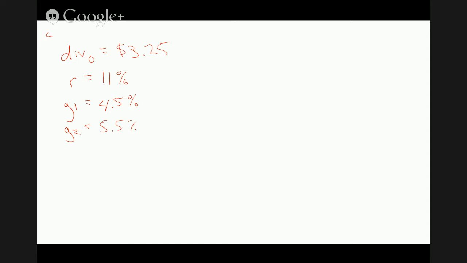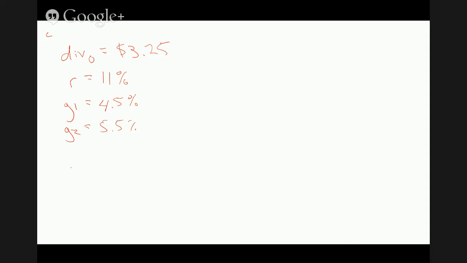If you multiply 3.25 times 1.045, you'll get about $3.40.